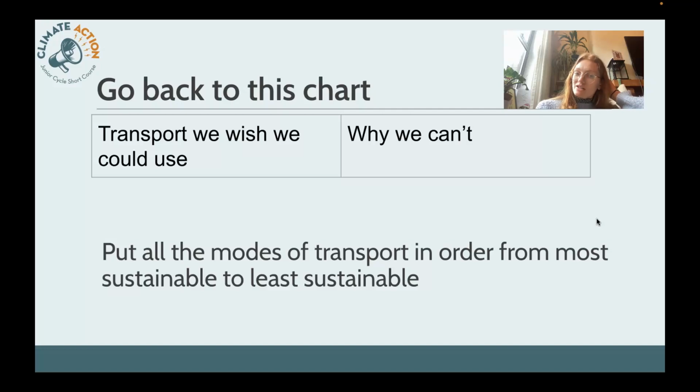You go back to this chart of the transport they wish they could use and why they can't. And we'd suggest, just for clarity, that you put all the modes of transport in order from most sustainable to least sustainable. So if a student is like, I wish I could travel by helicopter, you might say that's great and really fun, but it's not super sustainable. It is hard to find a comprehensive and one list of most sustainable to least sustainable transport.